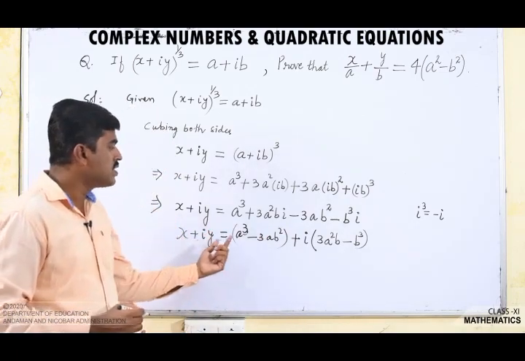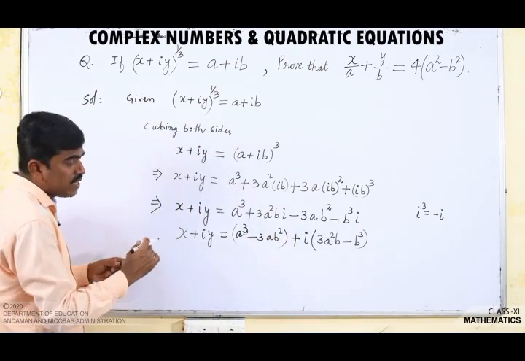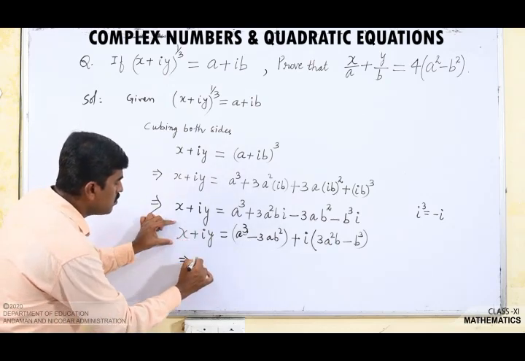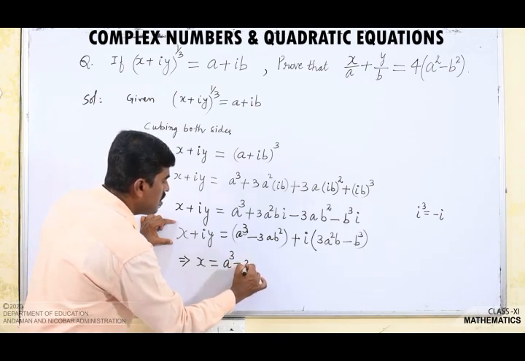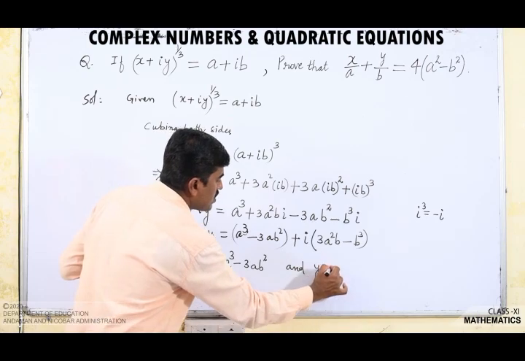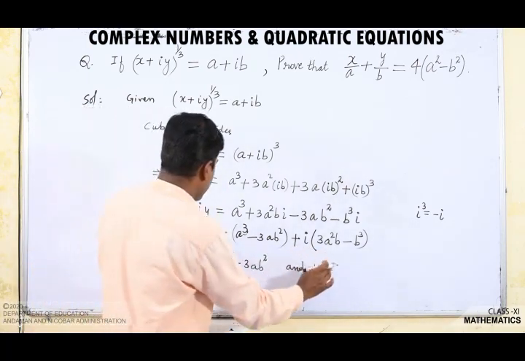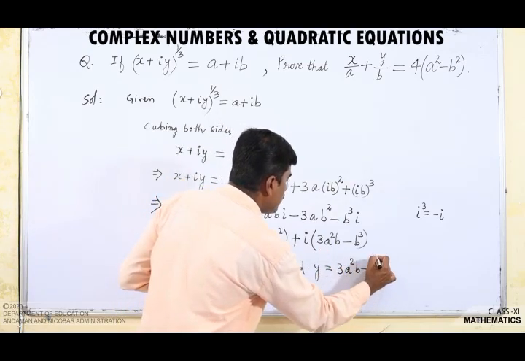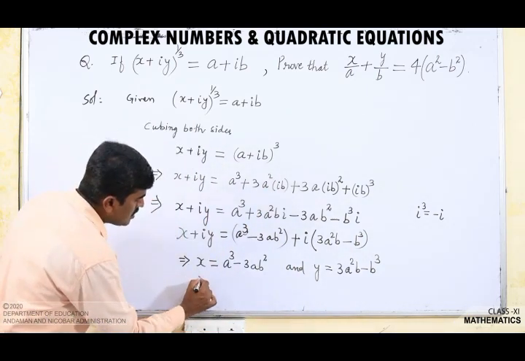We know that two complex numbers are equal if their corresponding real parts and imaginary parts are equal. So x is equal to a cube minus 3ab square, and by comparing the real part and imaginary part, y is equal to 3a square b minus b cube.